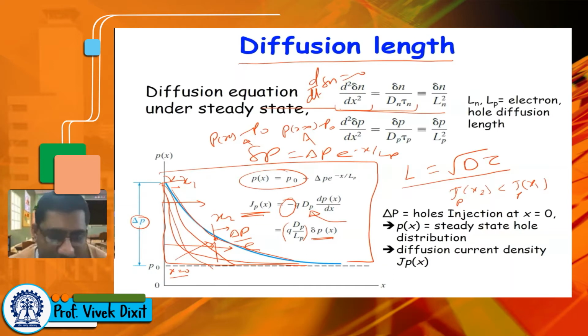What will be the diffusion length when there is no recombination in this piece of semiconductor? Any response? You can type. If you don't want to speak, please type. If there is no recombination, what will be the diffusion length?